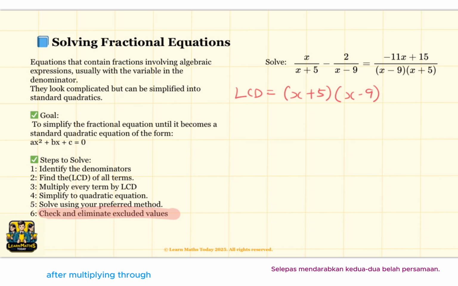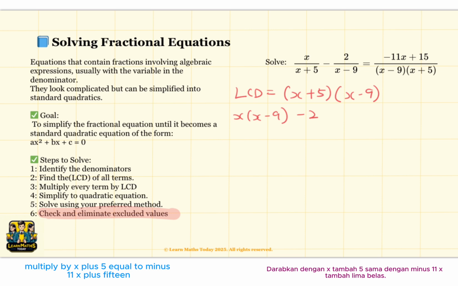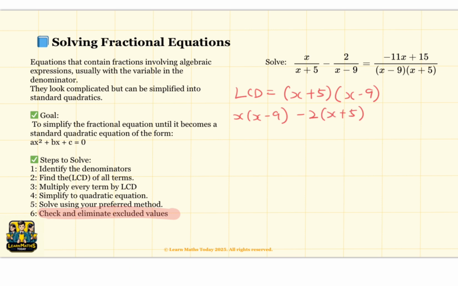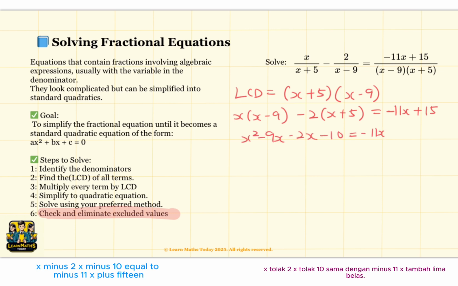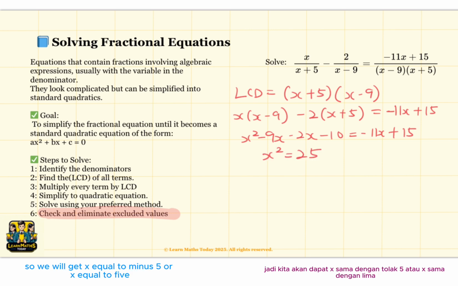After multiplying through, we get x multiplied by x minus 9 minus 2 multiplied by x plus 5 equal to minus 11x plus 15. The expansion will lead us to x squared minus 9x minus 2x minus 10 equal to minus 11x plus 15. From here, we get x squared equal to 25, so we will get x equal to minus 5 or x equal to 5.